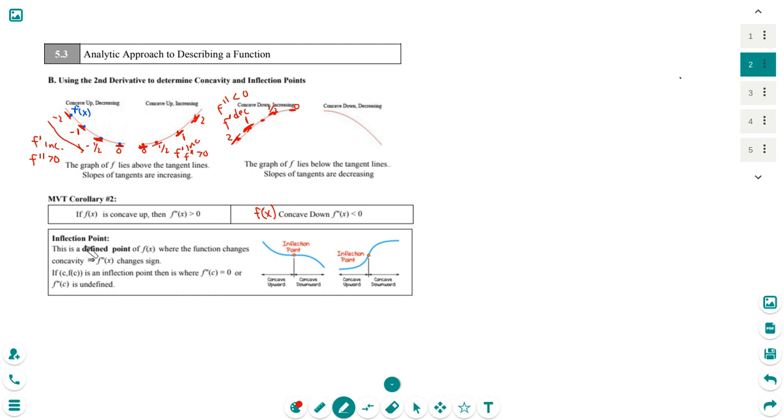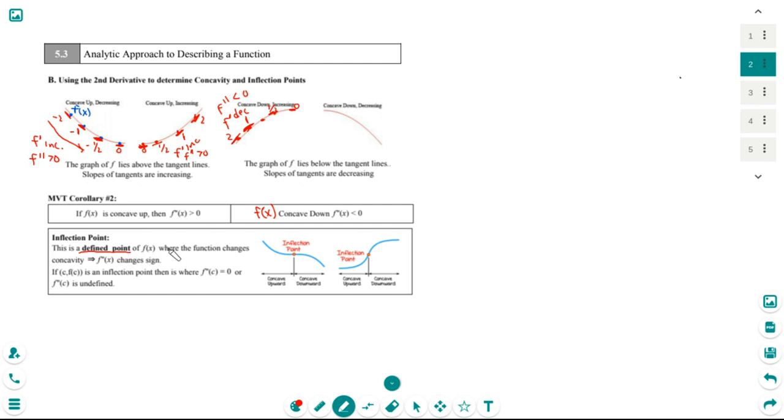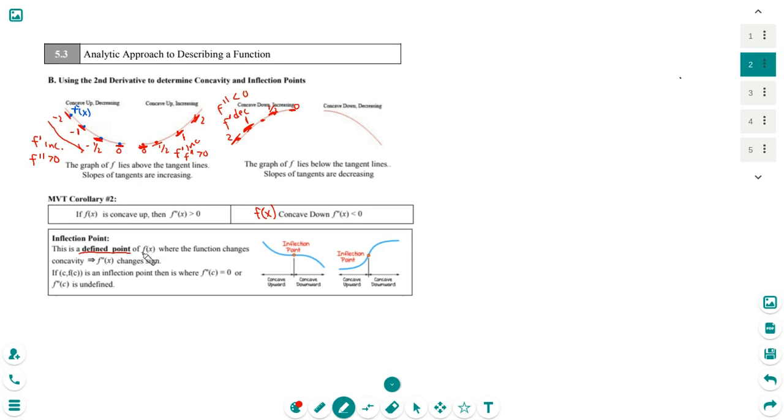Now, we also talked about inflection points. That is where concavity changes. They are defined points. You can't have a point if it's not defined. So these are existing points on the graph of f of x where the function changes concavity. You either go from concave up to concave down or vice versa.